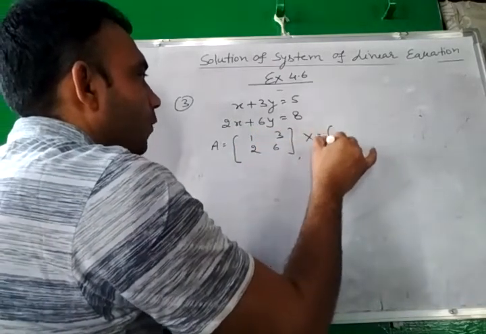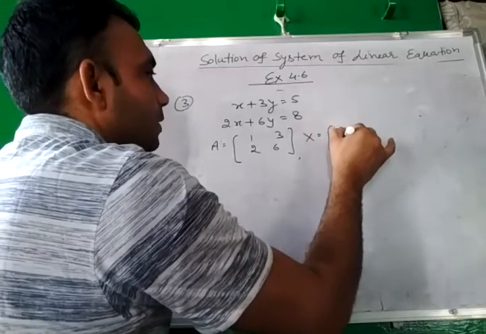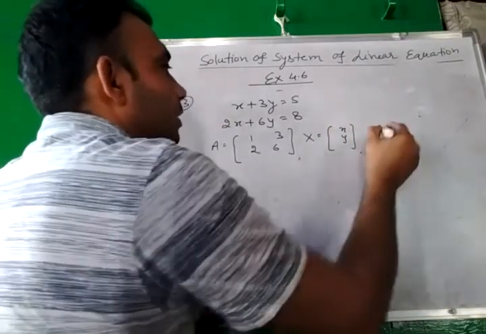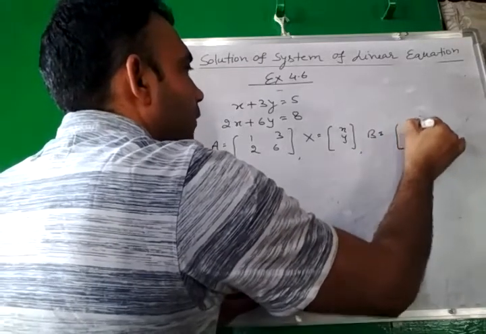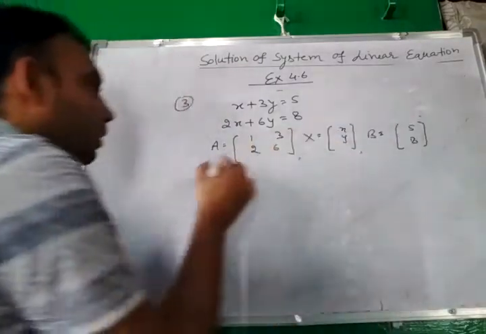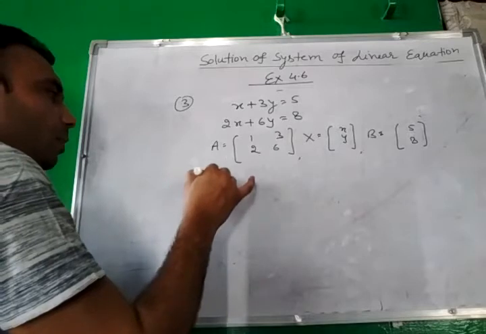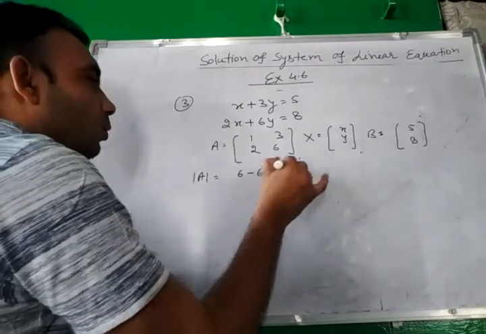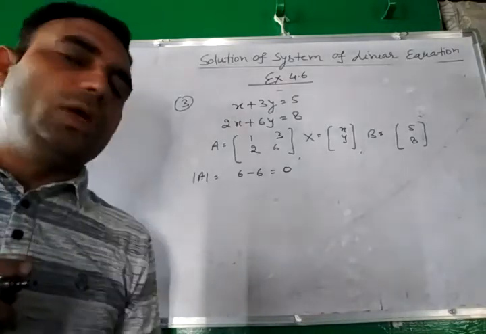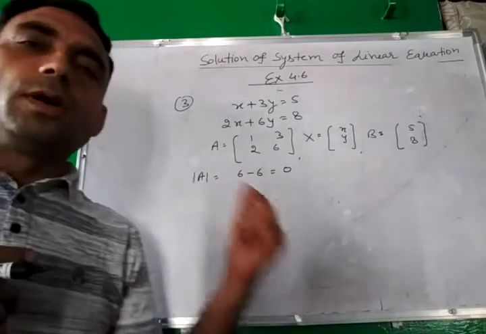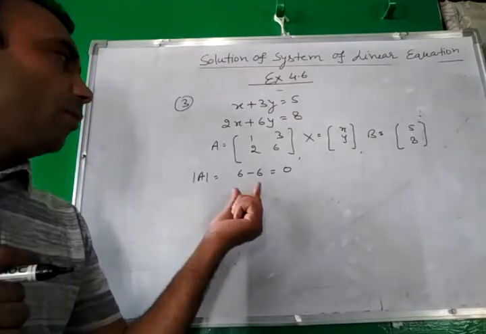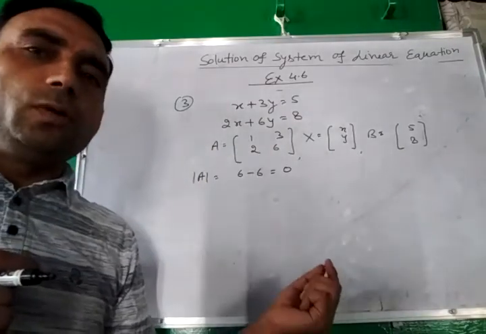X is the matrix of variables x, y, and B is the matrix of right hand side 5, 8. Then determinant of A is equal to 6 minus 6, which is 0. So using only the determinant we cannot determine whether the system is consistent or inconsistent. We have to find adjoint of A into B.